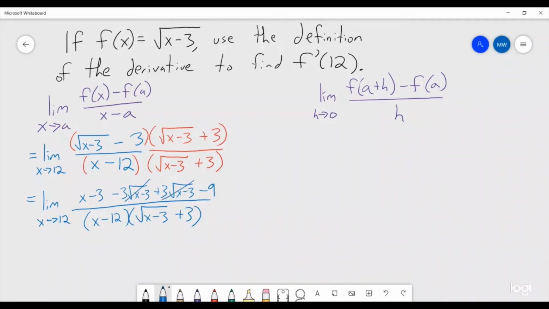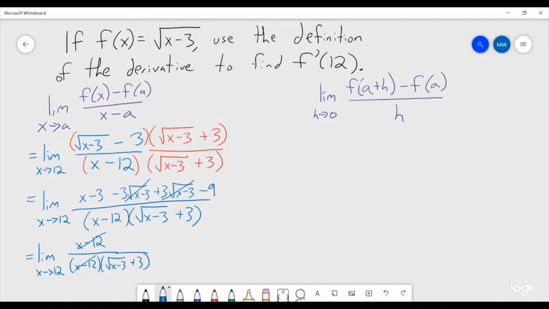So those two terms cancel each other out, and what we are left with is the limit as x goes to 12 of x minus 12 divided by x minus 12 times the square root of x minus 3 plus 3.